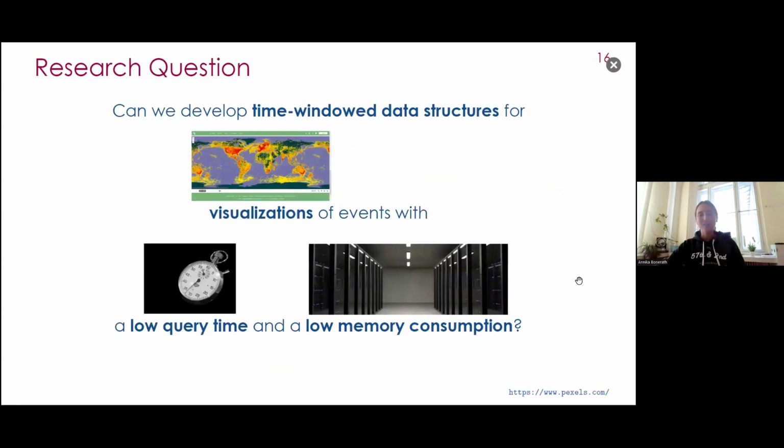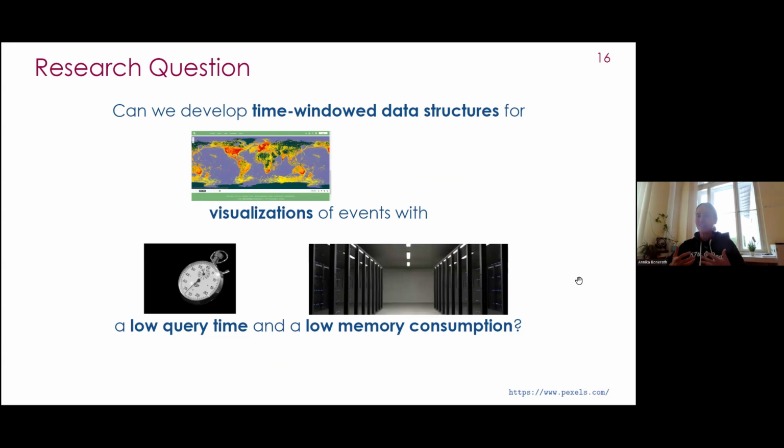So my research question was, can we develop time window data structures for visualizations of events with a low query time and a low memory consumption? I talked already about the low query time, but I haven't said too much about memory consumption. But of course, we don't want a data structure that is huge only in order to reduce query time.